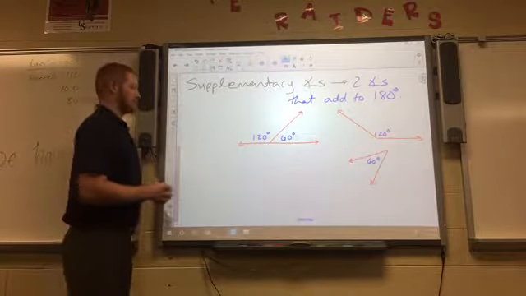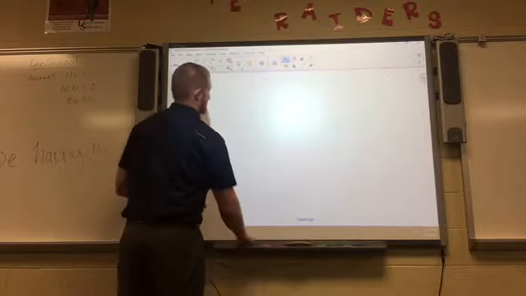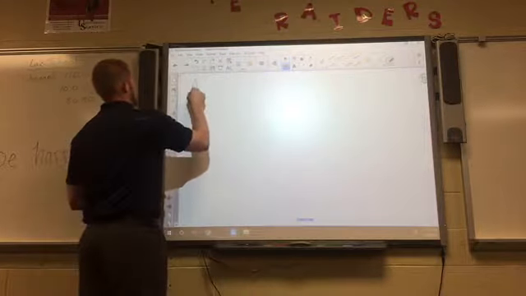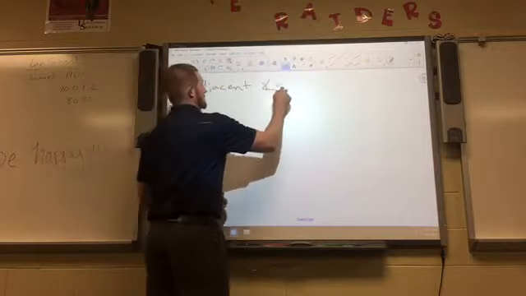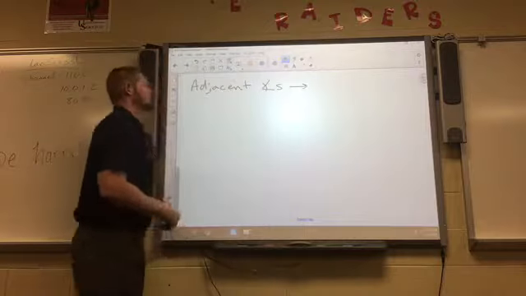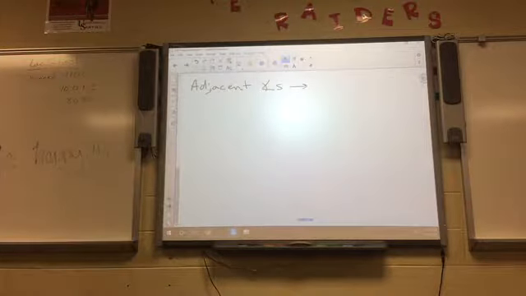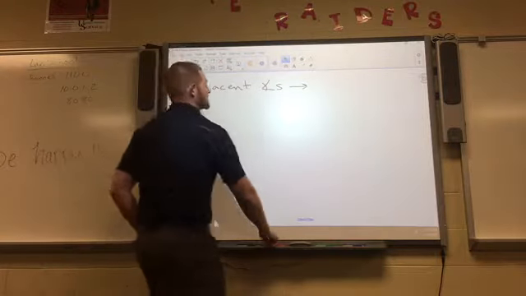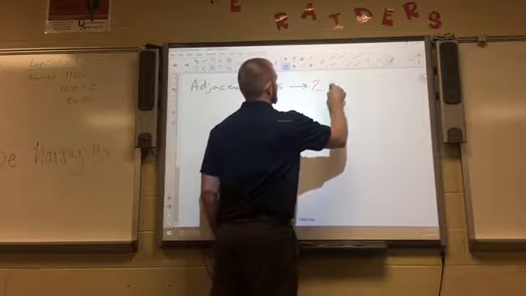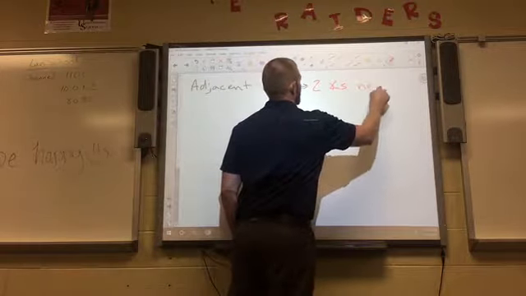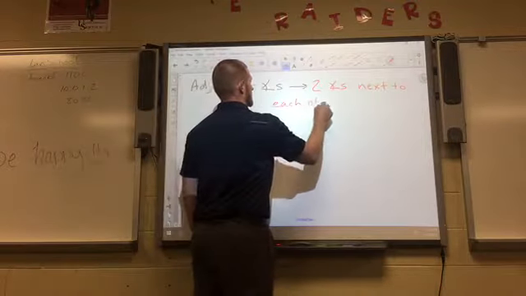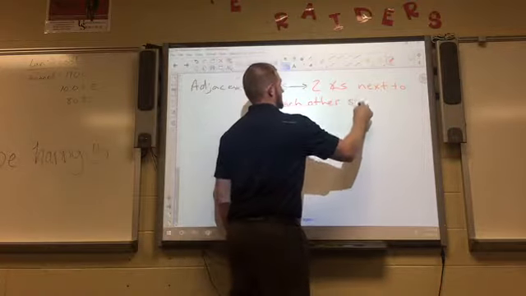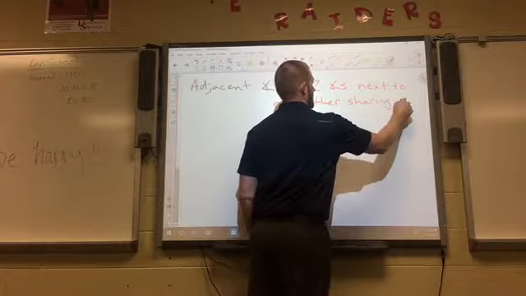Good so far? Okay. Third definition we have is adjacent angles. Adjacent angles are two angles next to each other sharing a vertex.